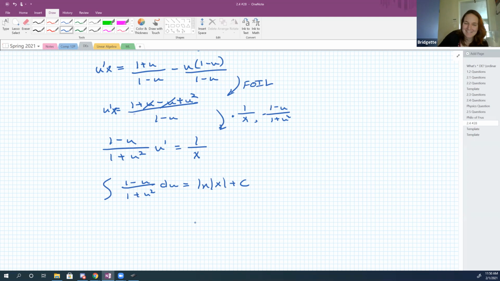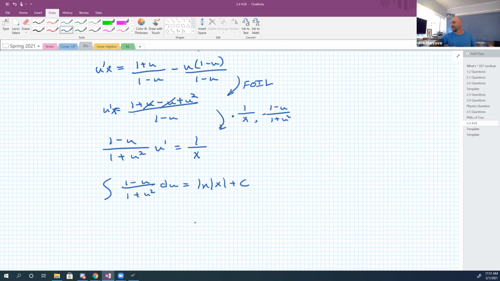All right, so you kind of look at this thing on the left and you think to yourself, how the heck do I integrate that? And you might think, oh, well, let's see. If it was 1 minus u times 1 over 1 plus u squared, I might differentiate the 1 minus u and integrate the 1 over 1 plus u squared.